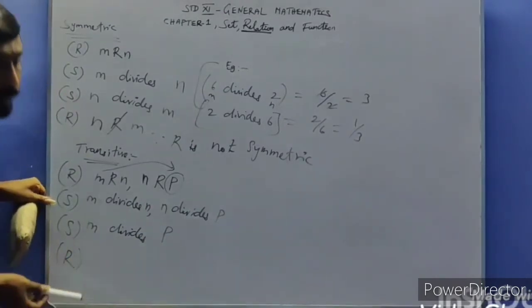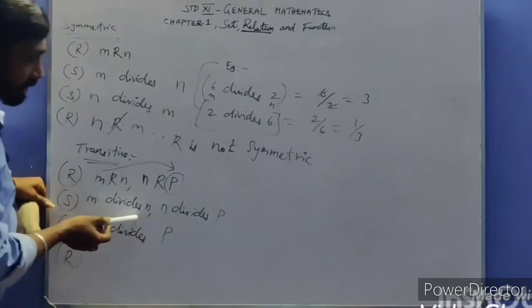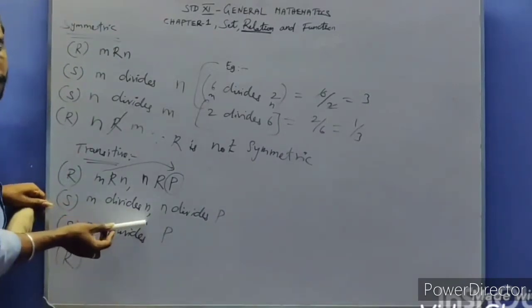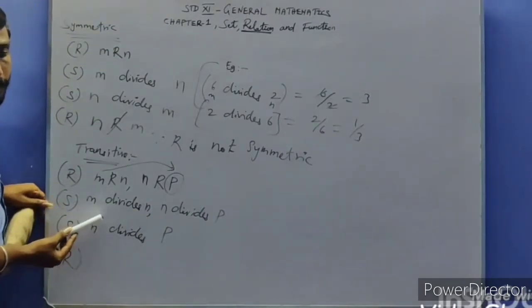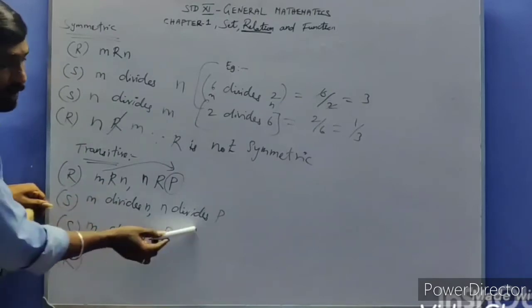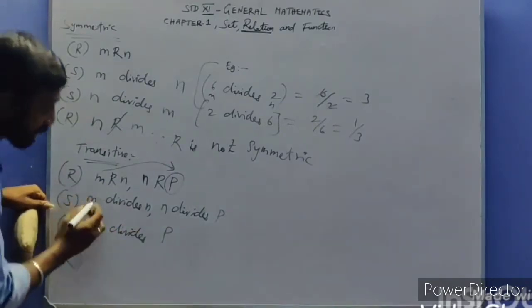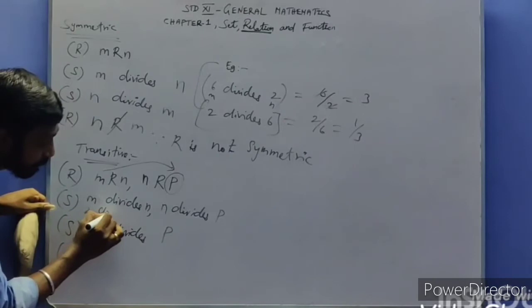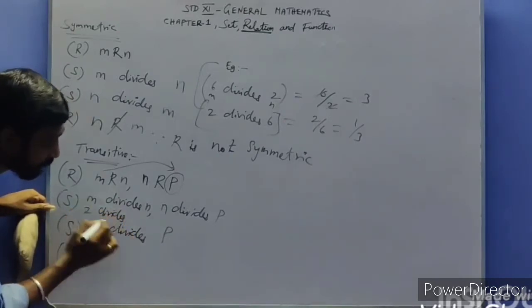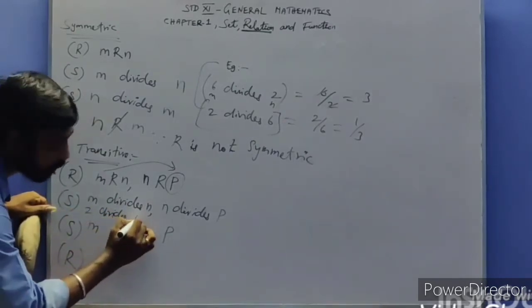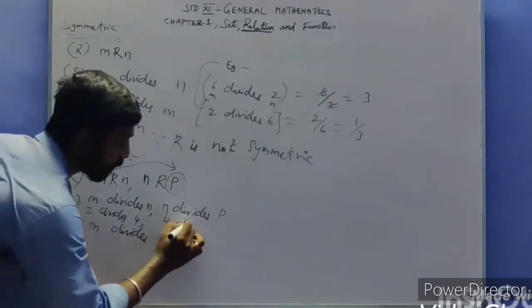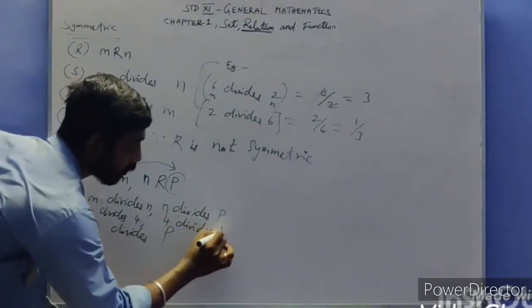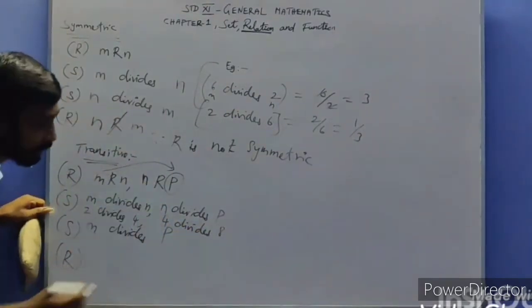This is the example. Here the first example, m divides n, then n divides p. If you are writing an example, 2 divides 4, and 4 divides, whatever value you want to take.